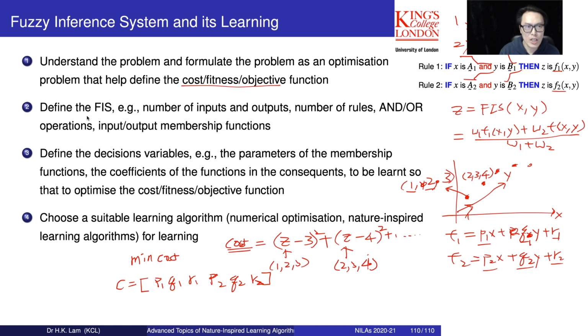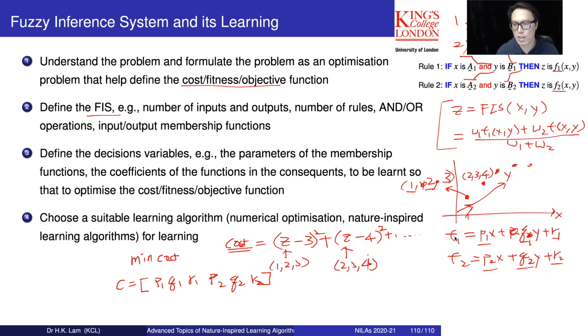Then we need to know the structure of the fuzzy inference system, the number of inputs, the number of outputs, and later we write down the mathematical equation right here, and figure out what the decision variables are.